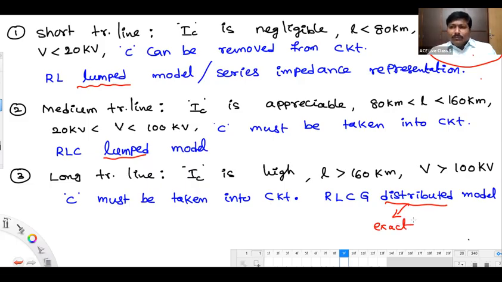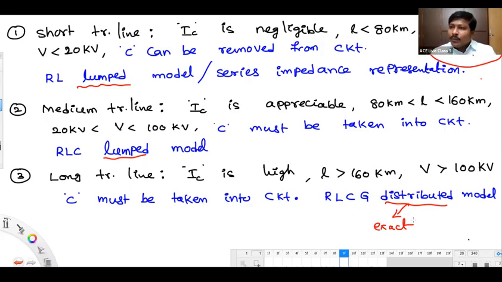Next one. I have a line between 80 to 160. Listen to my words. Which model are the people suggesting? The RLC lumped model they are suggesting. Can I go with the RL lumped model? In the span of 80 to 160 steady state analysis, they are suggesting the RLC lumped model.